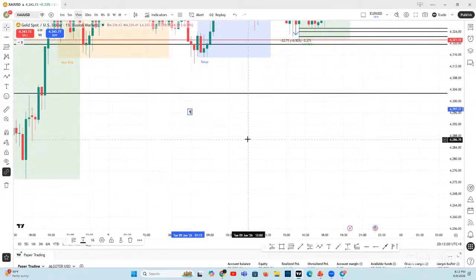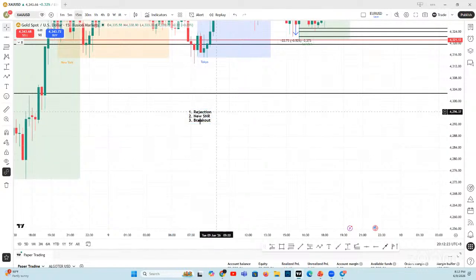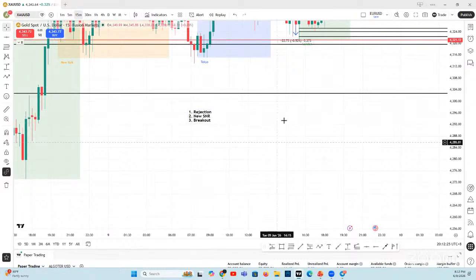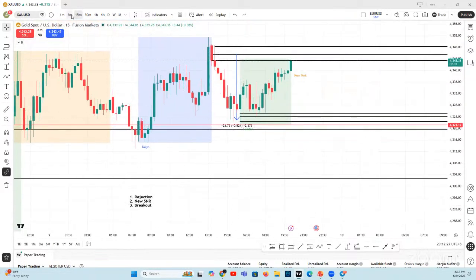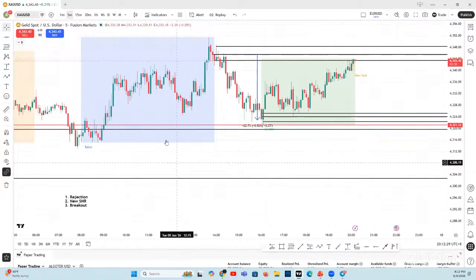Always remember: number one, rejection; number two, new SNR formation; and three, breakout. Breakout of the traditional SNR, to the upside or to the downside. Always remember these three confirmations, guys. And that's how you will always find this in the chart.